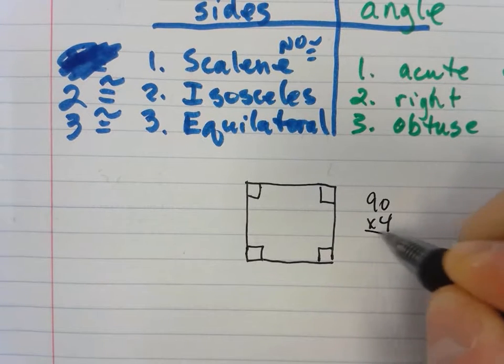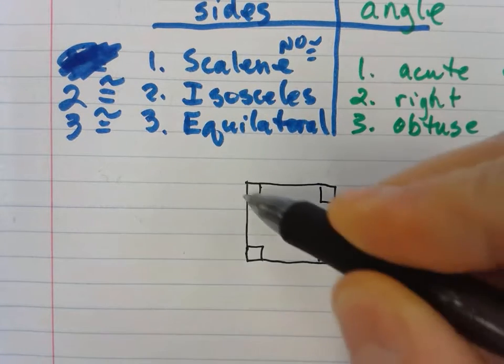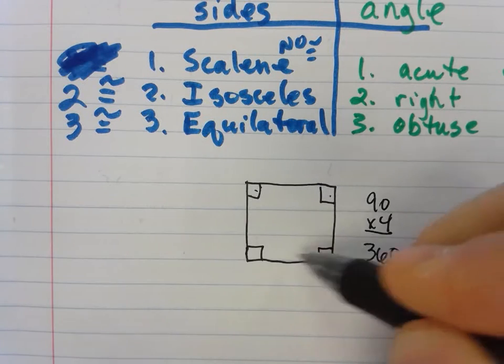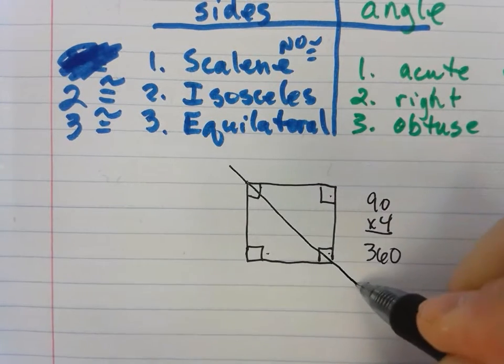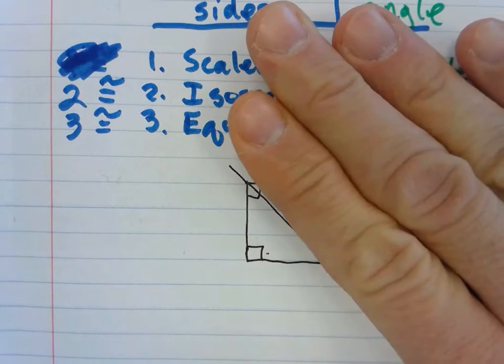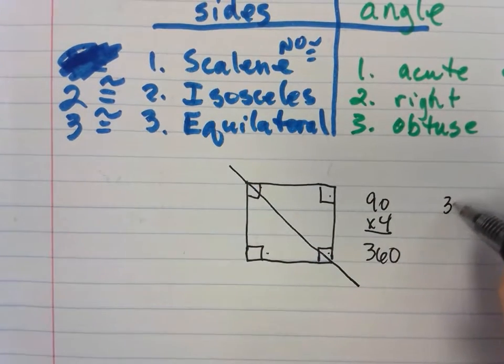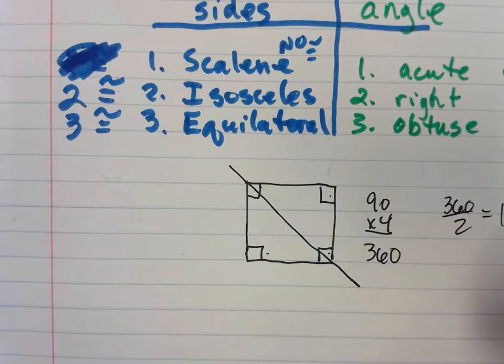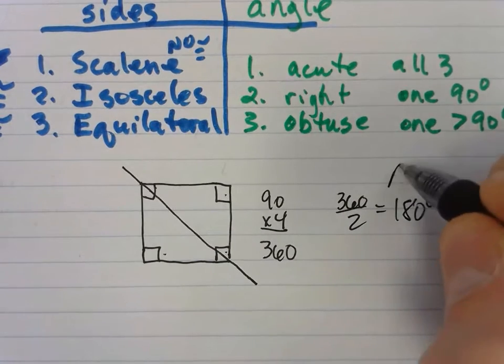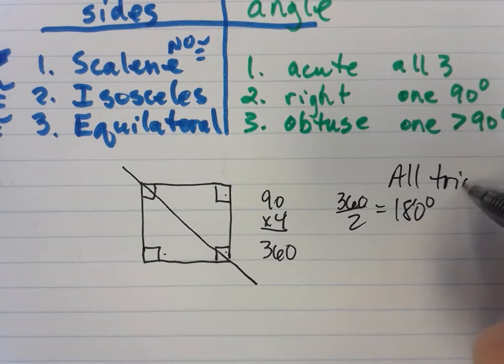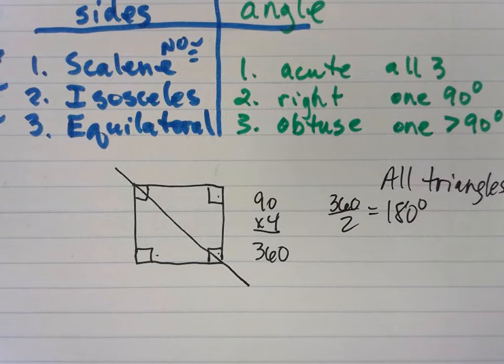Well, that's 360. 90, 180, 270, 360. If you cut that in half, you can see that's a triangle right there. And so half of 360 is 180. So all triangles, no matter what type they are, have a sum of 180 because they're half of a square.